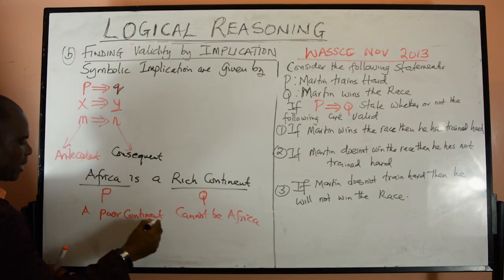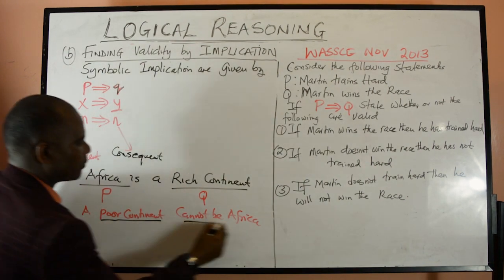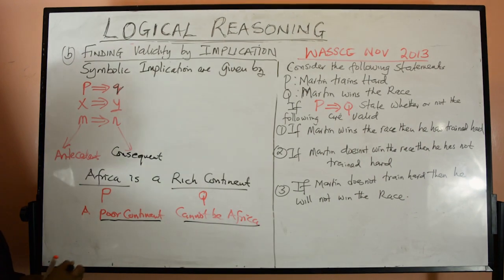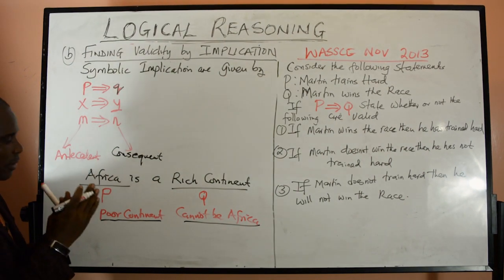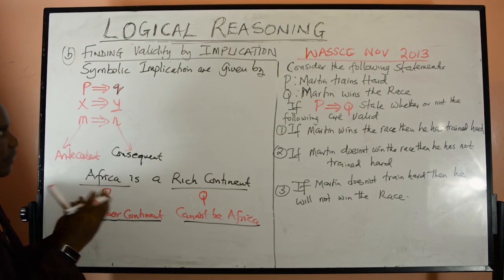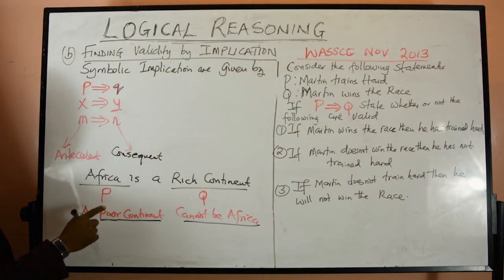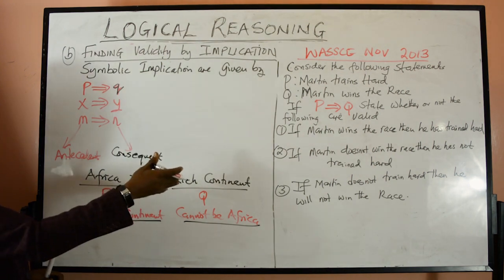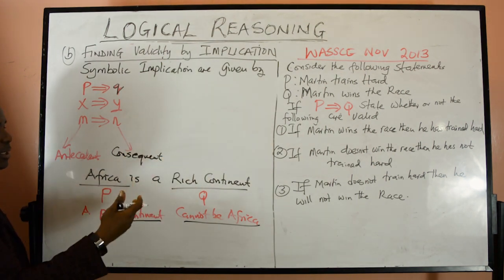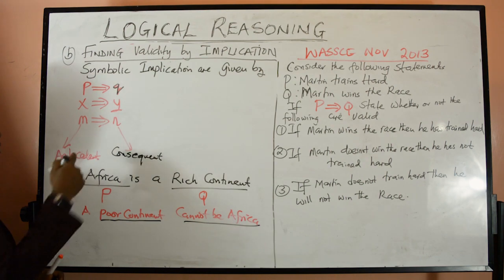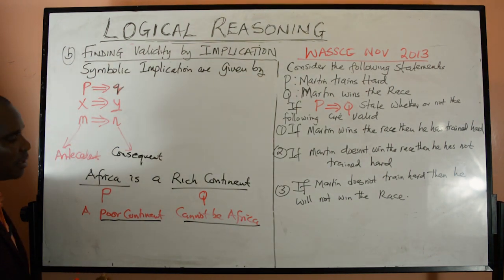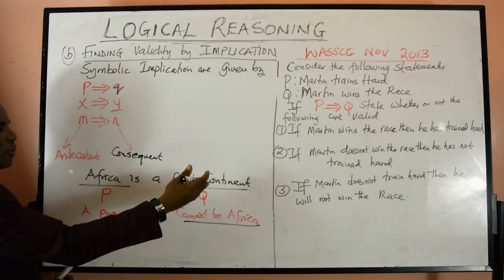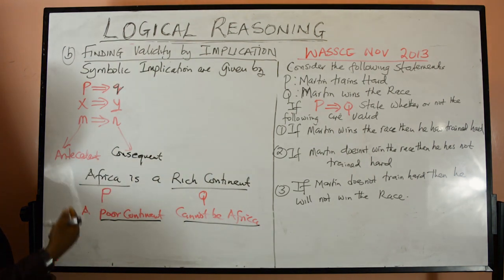So I can come back now and see how I can find the validity of an implication. How is the implication valid or not valid? The implication is only valid when the negation of the consequence implies the negation of the antecedent.